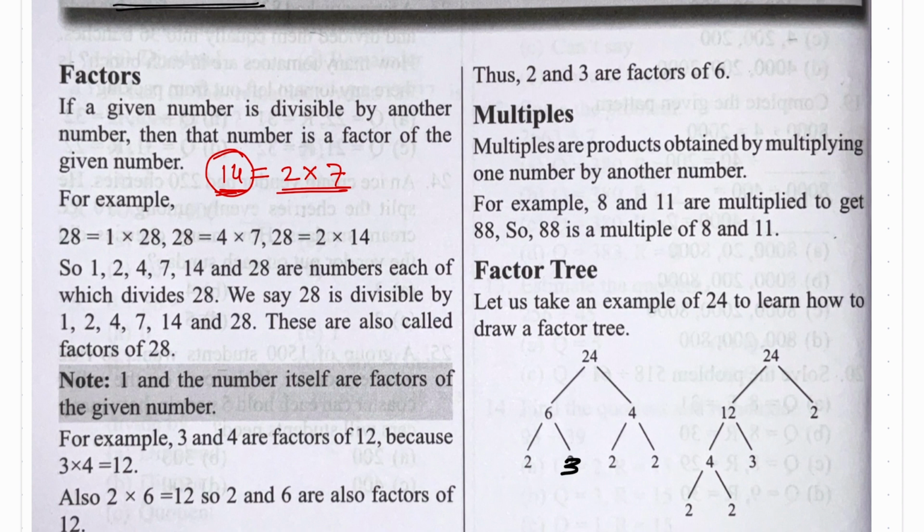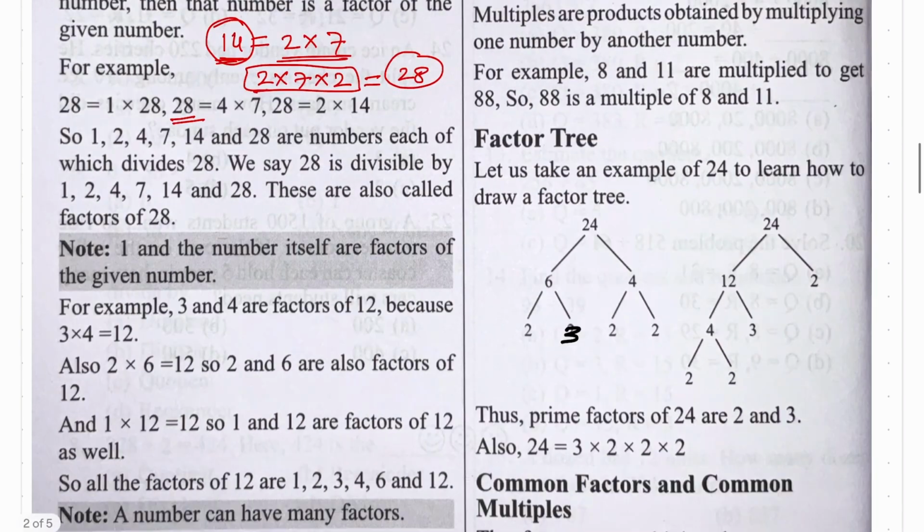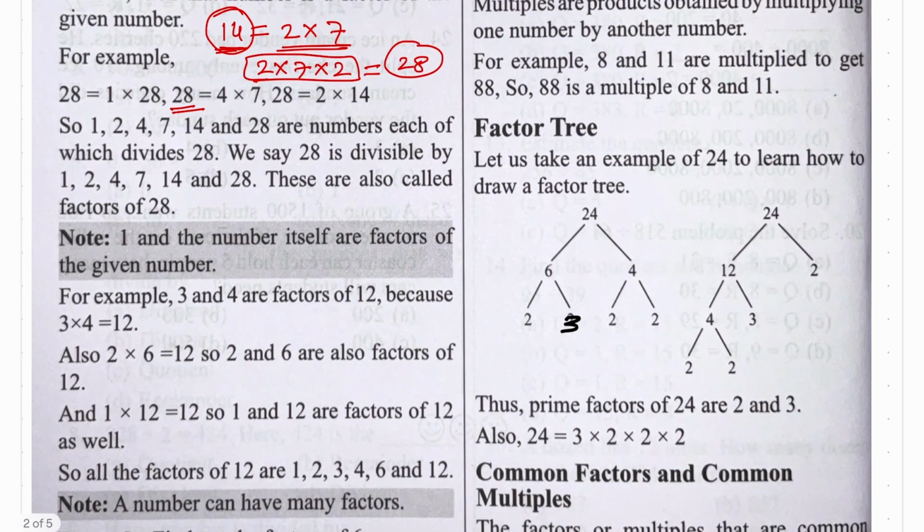Another example, like 28. So 2 into 7 into 2. So all these numbers are factors of 28. Say for example 13. What are the factors of 13? No factor other than 1 and 13.